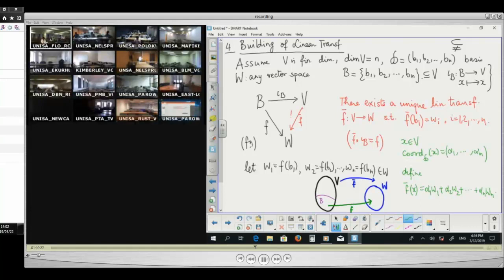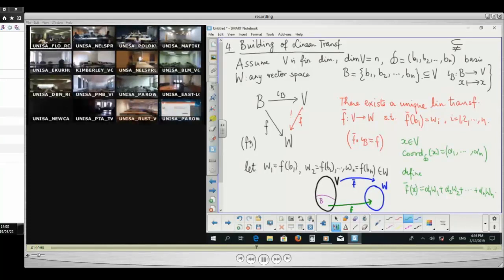I ask where the first vector of the basis goes: W1. Where does the second vector go? W2. So I choose an n-tuple from W. If the domain is n-dimensional, I choose an n-tuple in W. Choosing this n-tuple in W is enough. By choosing that, this principle tells me how to extend it to a linear transformation, again a unique one.